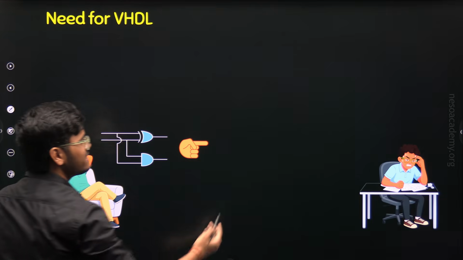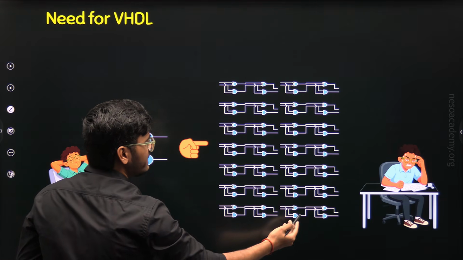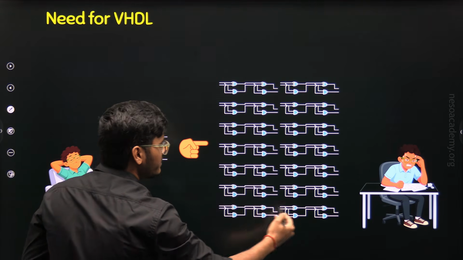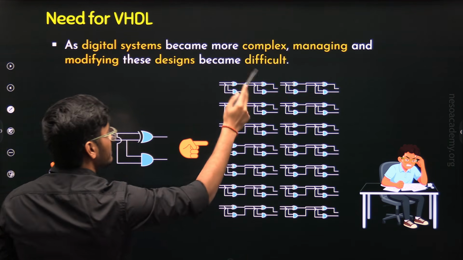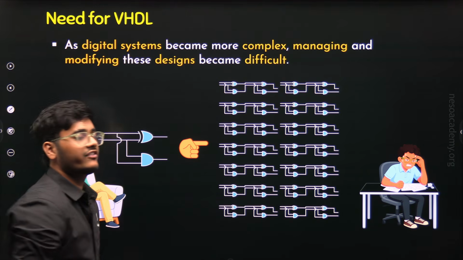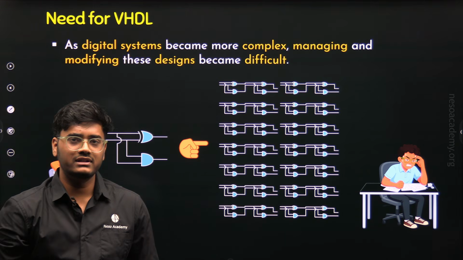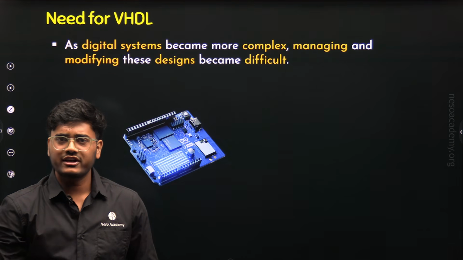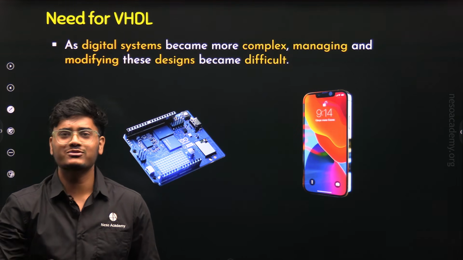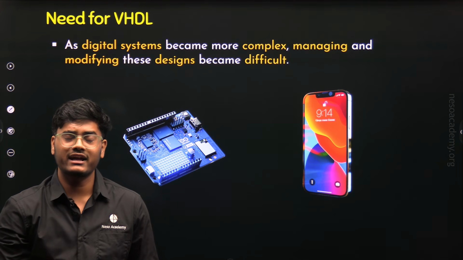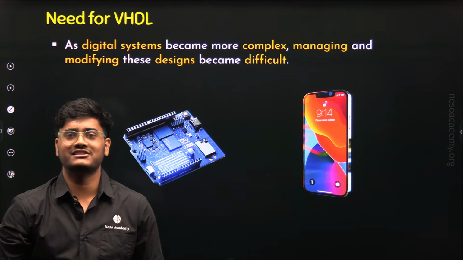However, as digital systems become more complex, containing thousands or even millions of logic gates, managing and modifying these schematic diagrams becomes very difficult. For example, imagine drawing a microprocessor or a communication system using schematic diagrams only. It would require an enormous number of gates and interconnections.